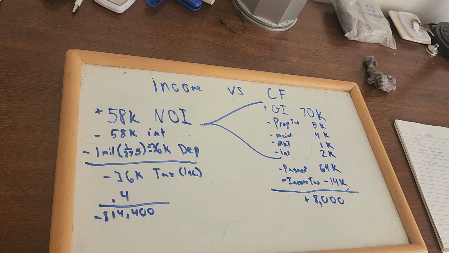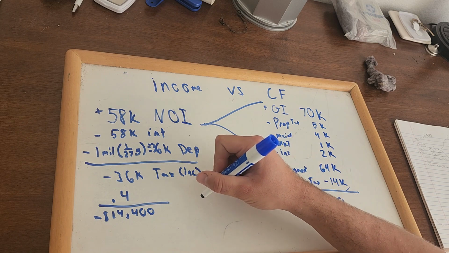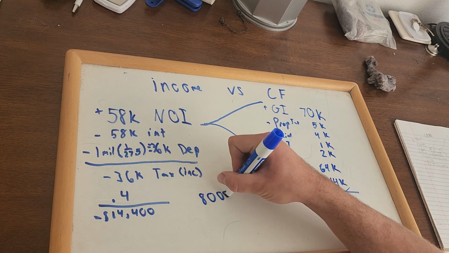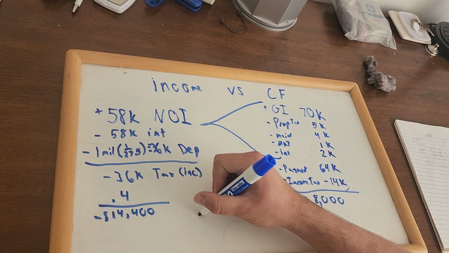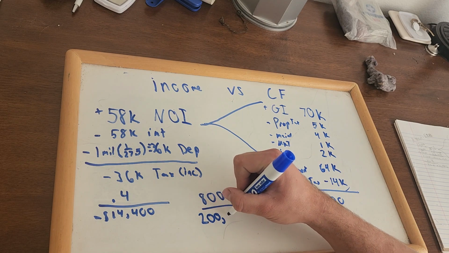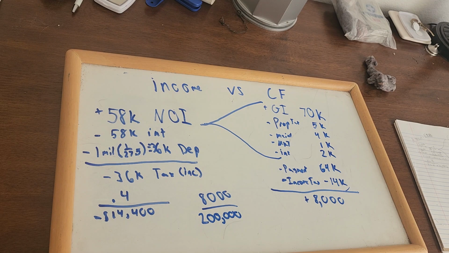So in order to finish this calculation, we then need to take $8,000 and divide it by what we invested into it. Well, we know we have an $800,000 loan and it's a $1 million property. So we must have put in $200,000 in order to own this property, right?